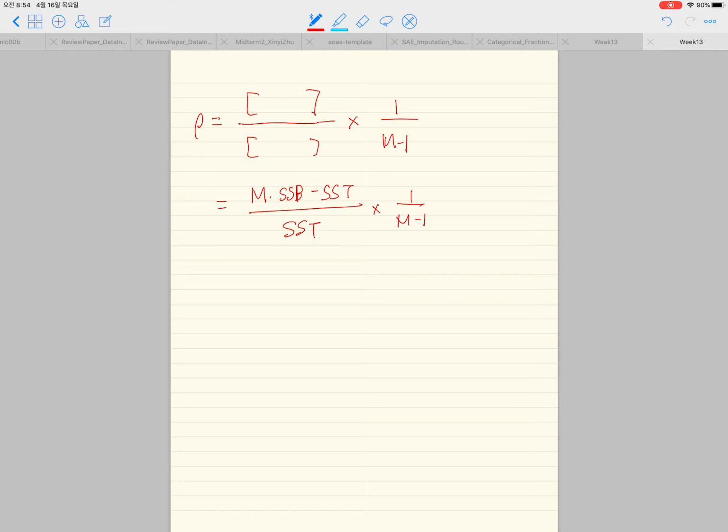Now we only have to simplify it. You can write it as SST minus SS within minus SST, and then do some algebra.